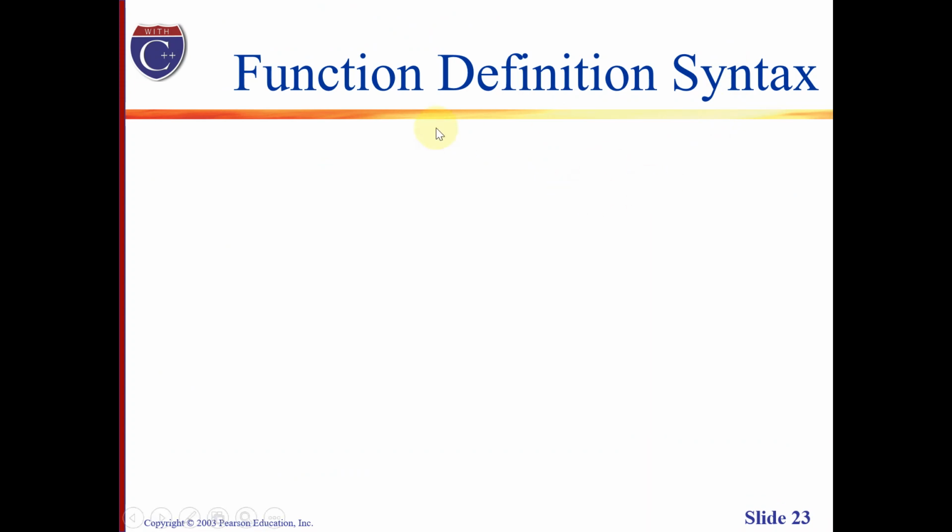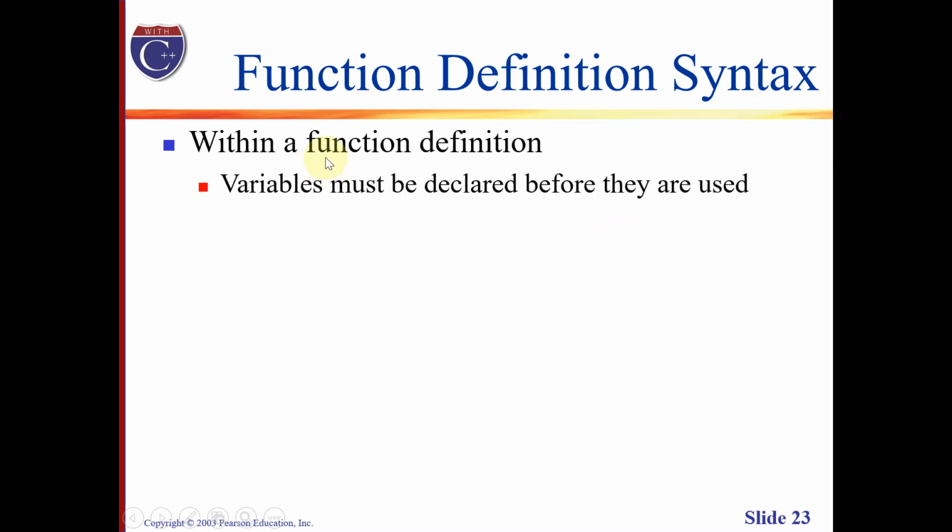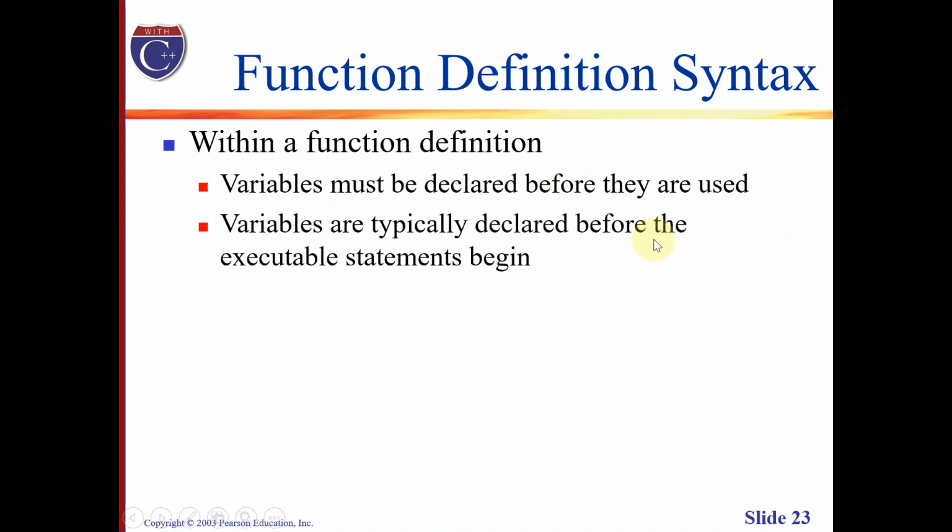Going back to the function definition syntax, it is already understood that a function definition contains the declaration of variables which would use the formal parameters that you declared in your function declaration.